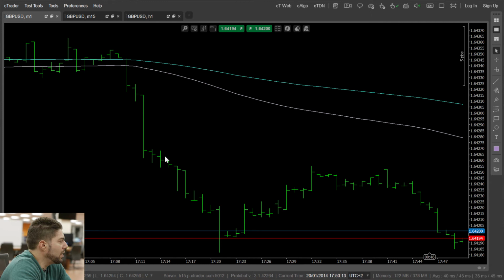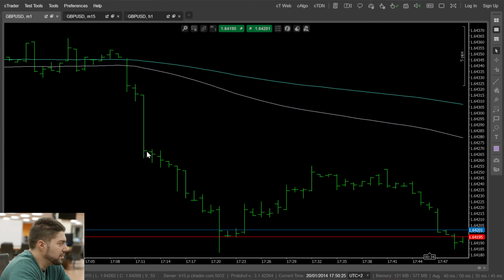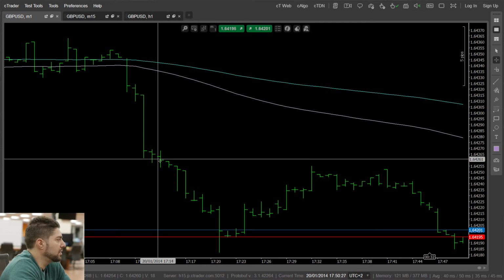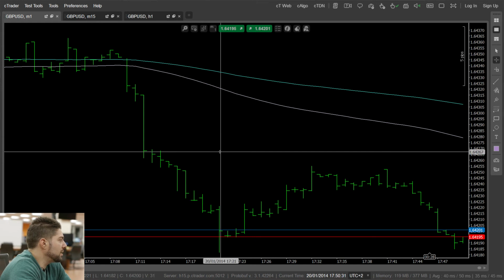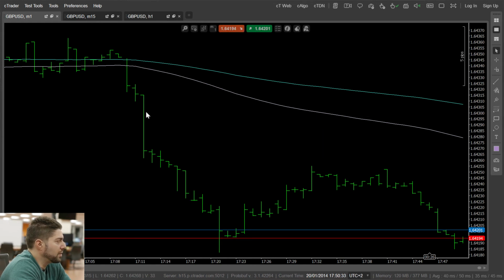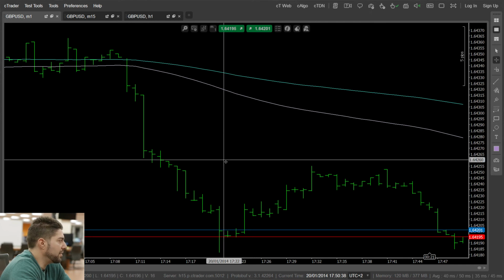And then we have one line going from the center to the left and one line going from the center to the right. The line going from the center to the left is the opening price of the candlestick. And the one that goes from the center to the right is the closing price of the candlestick. So here we can understand if the candlestick is a positive or a negative one by seeing which line is higher than the other.